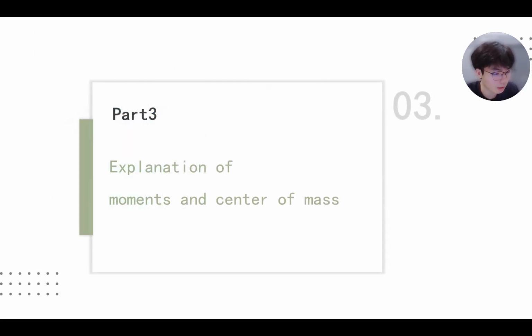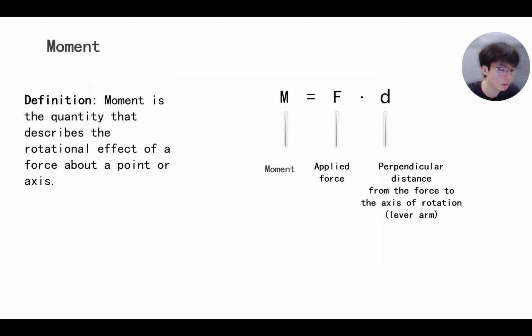Okay, next, the explanation of the moment and the center of mass. For the simple case, we calculate the moment using this. Moment is the quantity that describes the rotation effect of a force about a point or axis, and it equals F multiplied by d.